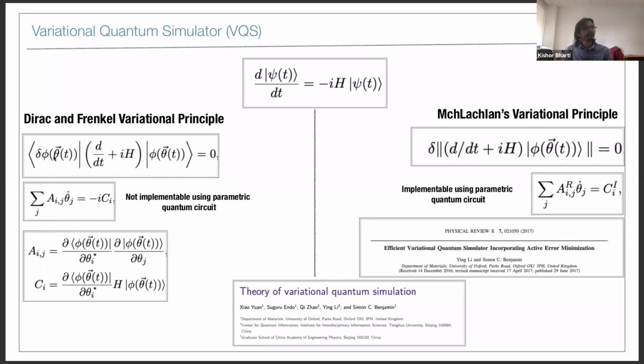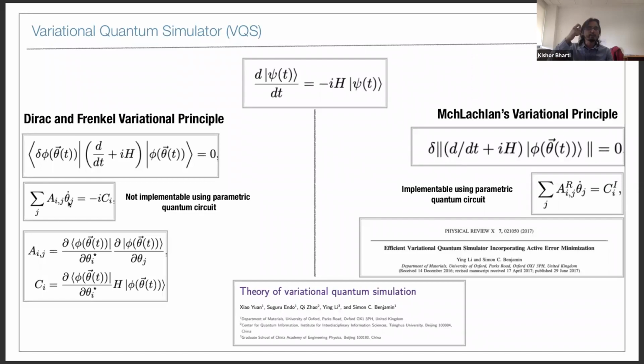The way you can change your theta has to satisfy some condition, which leads to the following differential equation, a differential equation with a small number of parameters, unlike the large dimensional differential equation. And you can solve it using the information of these overlap matrices Aij and Ci, which you can get from a quantum computer, to update the parameters theta.